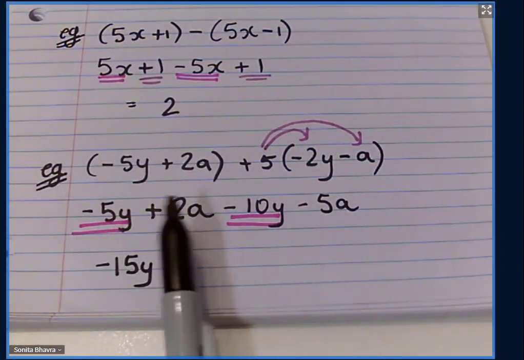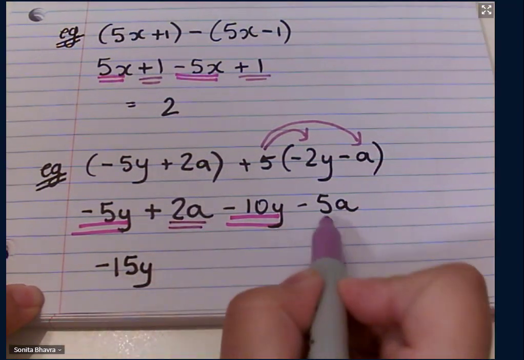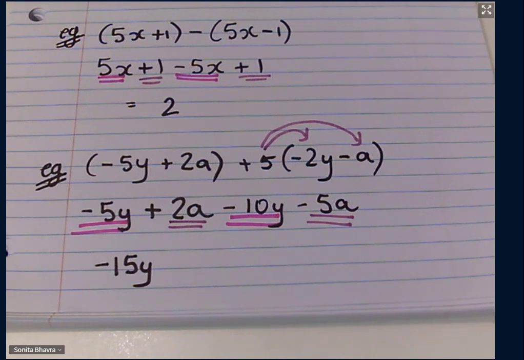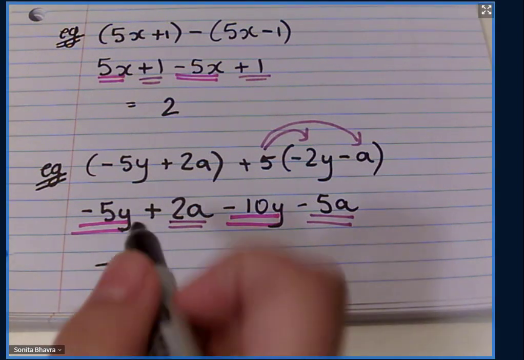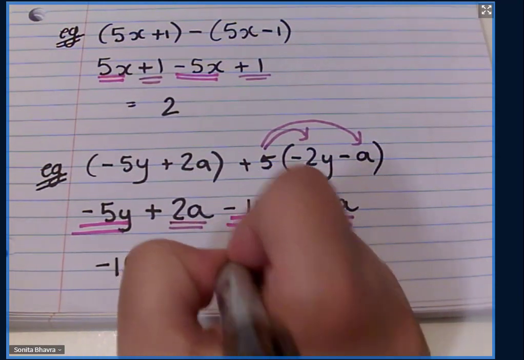Next, we have the 2a minus 5a. All right, so 2 minus 5, and that gives me negative 3. Okay, so negative 15y, and then minus 3a.